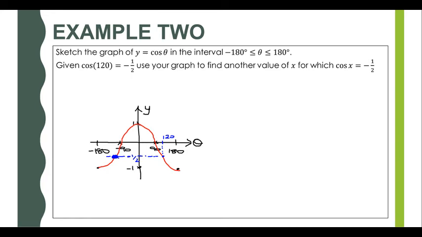So the graph of cos is symmetrical about the y-axis. So if this value of x is plus 120, this value of x is minus 120, which tells us that cos of minus 120 is equal to minus a half, using the symmetry of the graph.